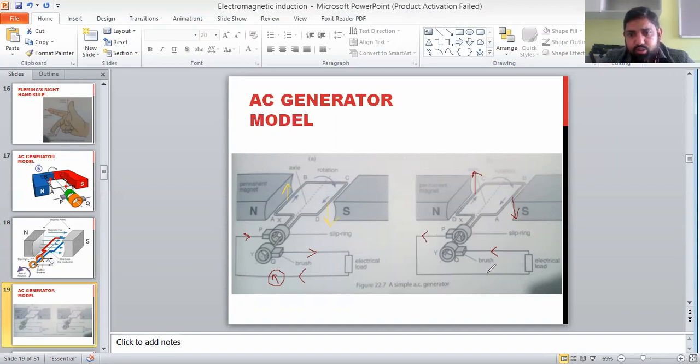So in this circuit, direction of current will be like this, and if I put a galvanometer here, that will deflect to the right side. So now you have seen that the direction of current has changed when the coil flipped 180 degrees, or when it took a half turn.